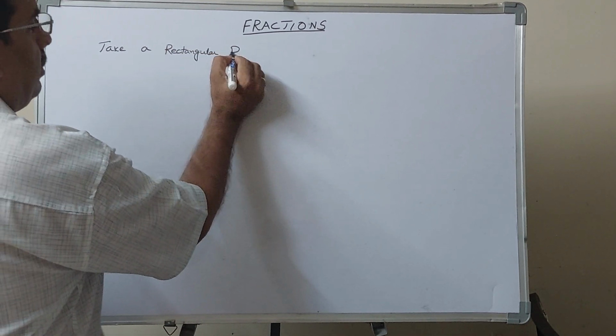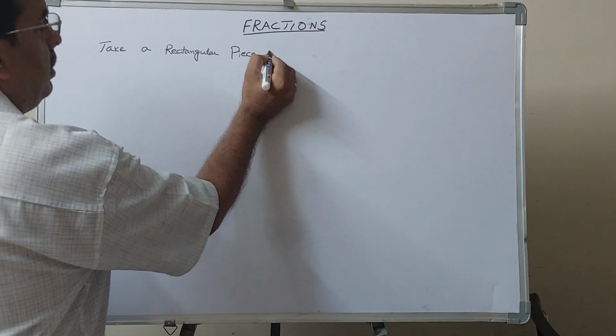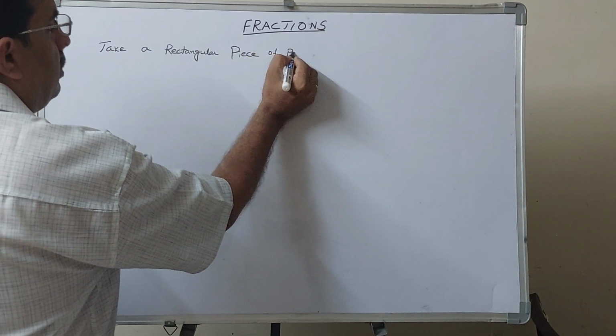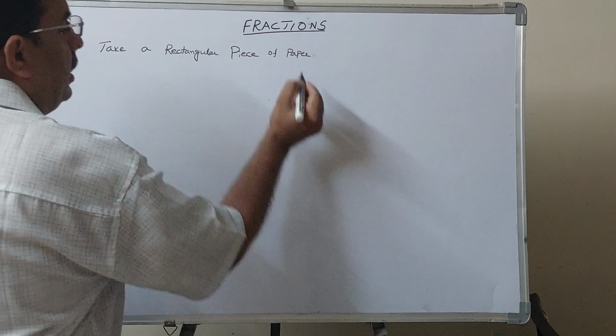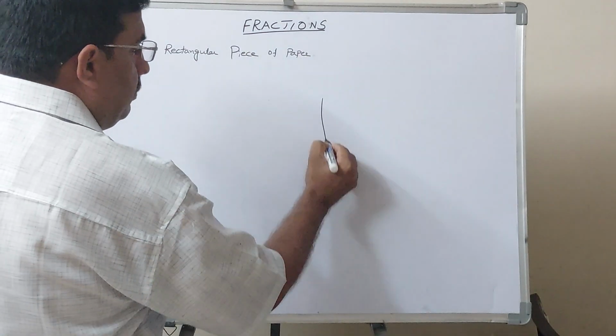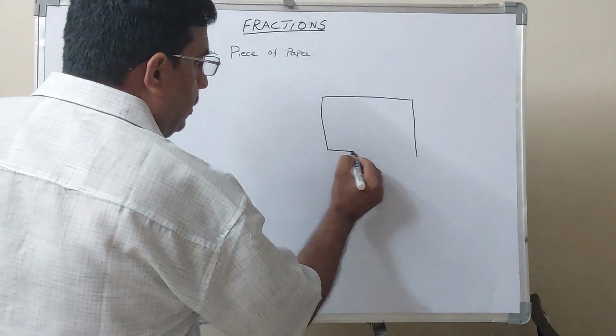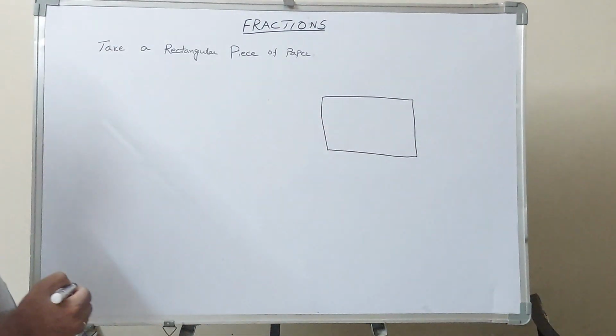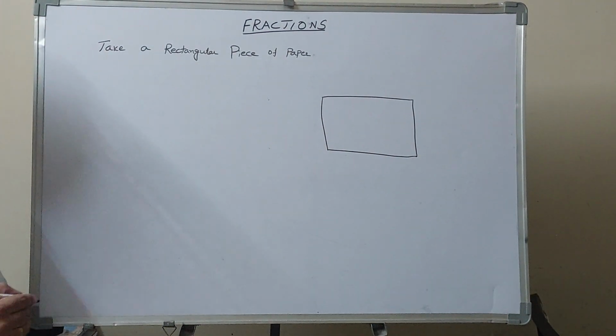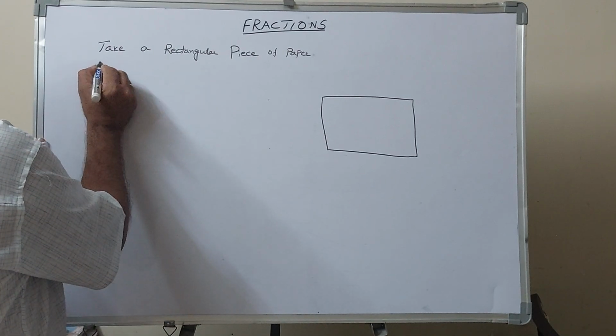This is the rectangle, and divide it into four equal parts.